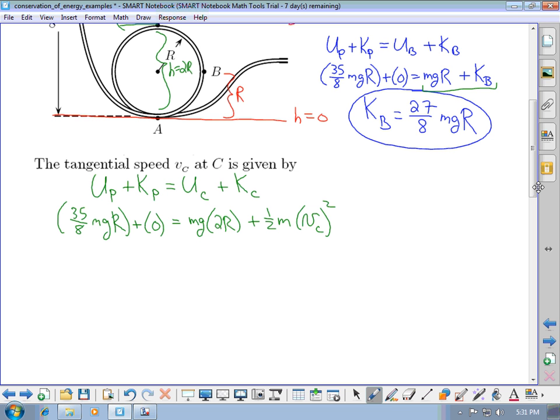If I subtract 2mgR from both sides, that's 16/8 mgR. So 35/8 minus 16/8 is 19/8 mgR, which equals 1/2 m times the speed at C squared. I can divide both sides by the mass. So the mass is not going to matter for this problem. You're going to have the same speed no matter what the mass is.